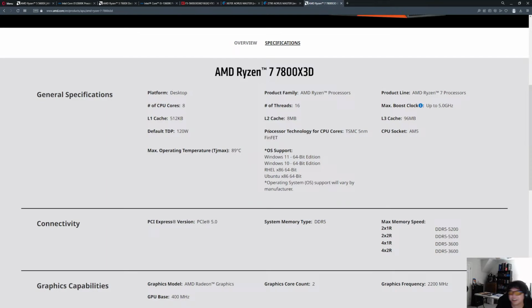To be honest, I'll be honest with you guys, I did not expect a dual CCD V-cache CPU to launch in February, let alone launch at all this year. Before AMD's reveal at CES, because I did the reaction video, some people tuned into my channel when I was watching the Lisa Su CES keynote, and I gave my reactions.